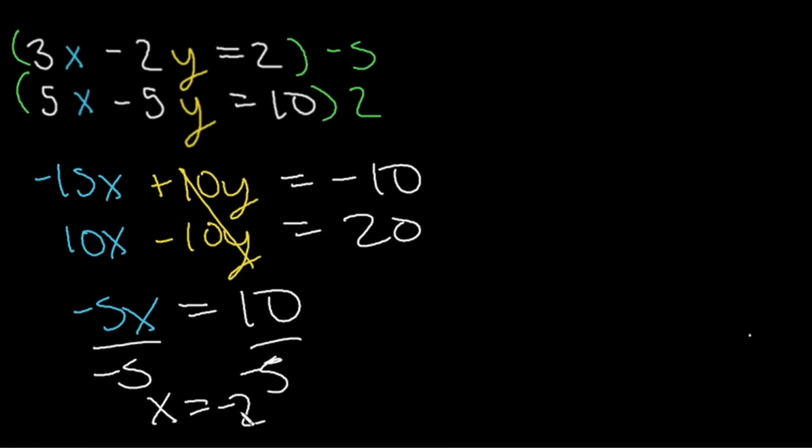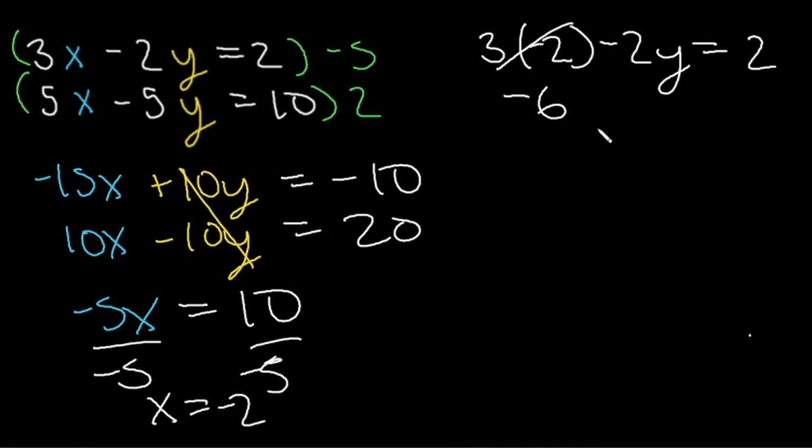And now we can plug negative 2 back into our original equation, and we'll have 3 times negative 2 minus 2y is equal to 2. 3 times negative 2 is negative 6, so we have negative 6 minus 2y is equal to 2.